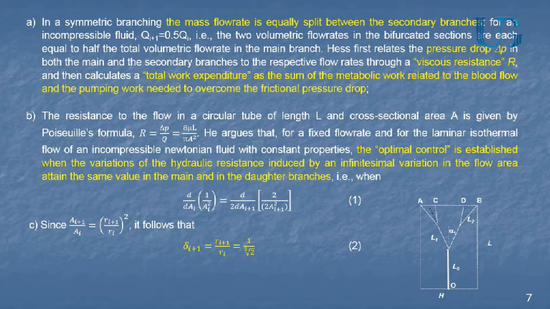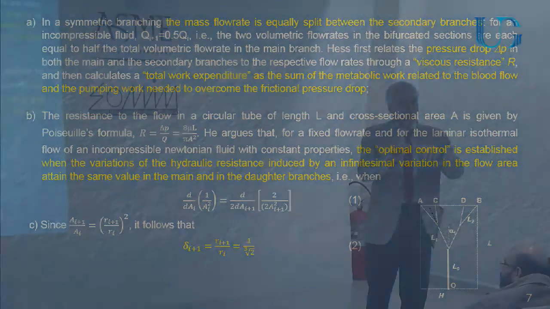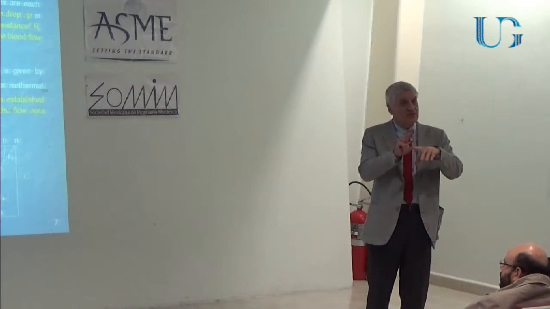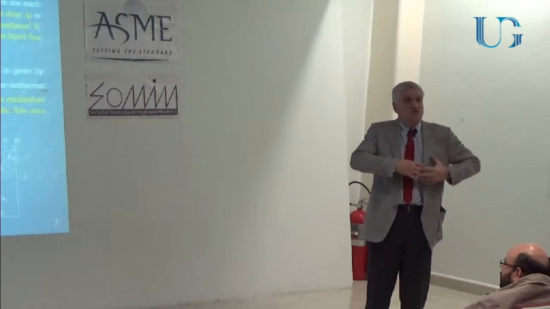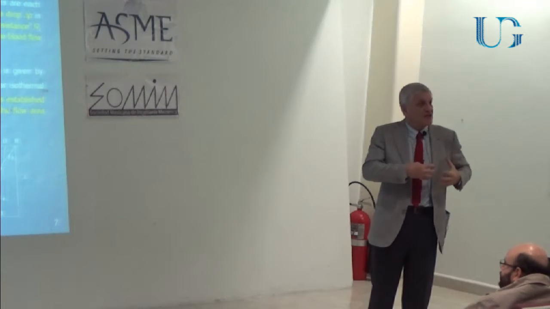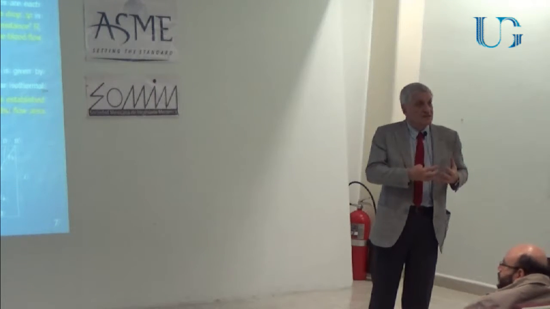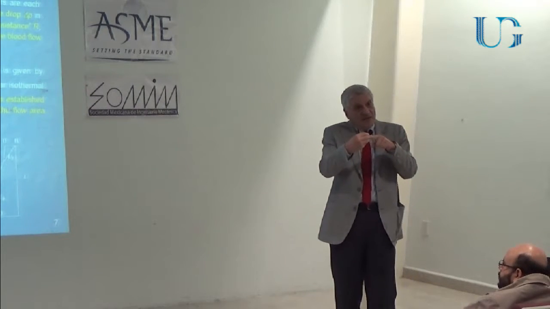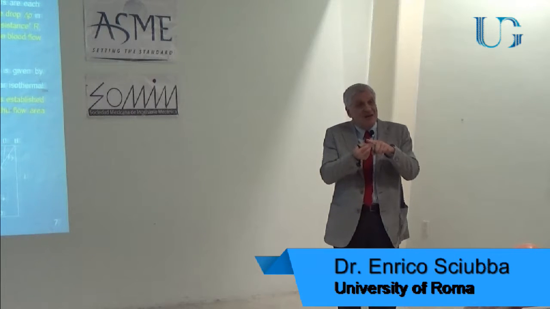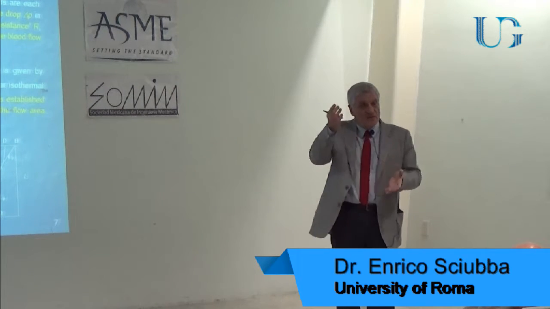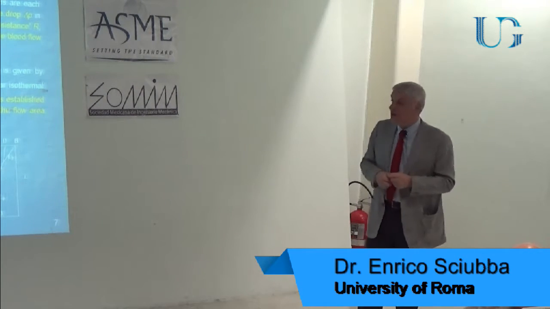Okay? So if you have a very large branch with a lot of blood inside, the pressure drop is very low. So the frictional losses are low, the pumping work is low, but you have a lot of blood. So the body has to maintain and pump a large flow rate of blood. If you have a small capillary, the flow has a lot of friction, but there is a little blood flowing through it. So there must be a balance in between.